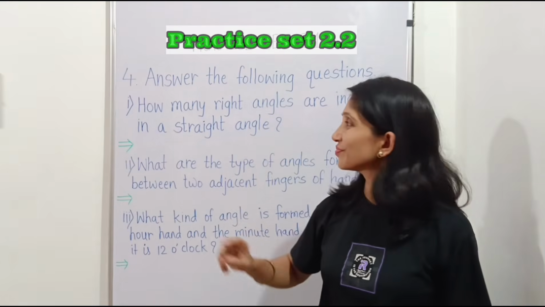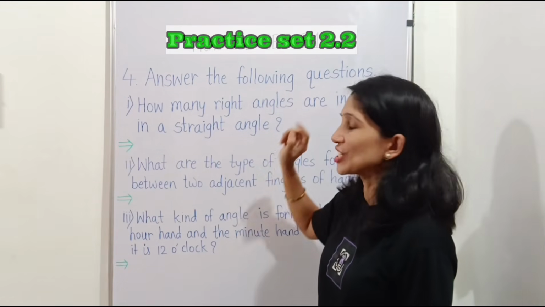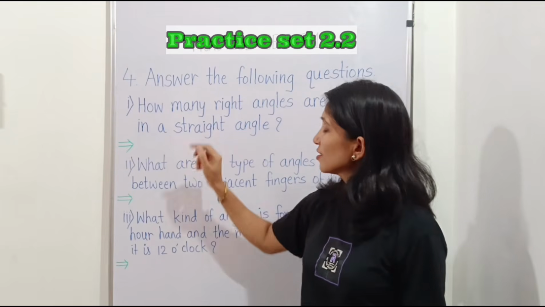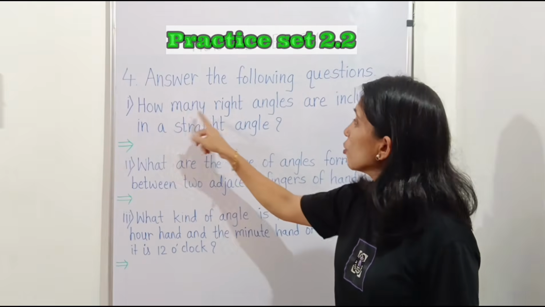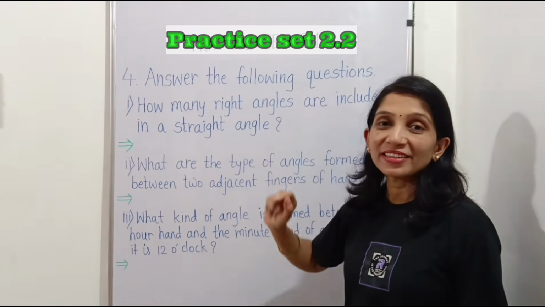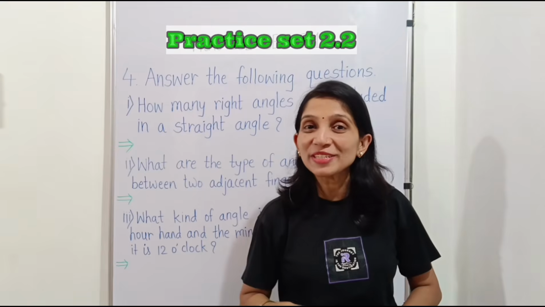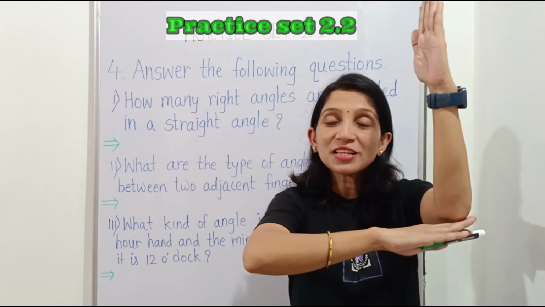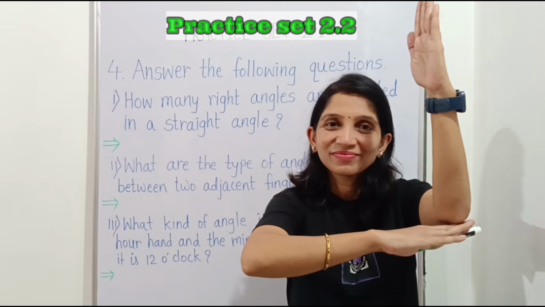Case 4. Answer the following questions. Let's see the suspects. First suspect, how many right angles are included in a straight angle? Measure of straight angle is 180 degree. And what is the measure of right angle?